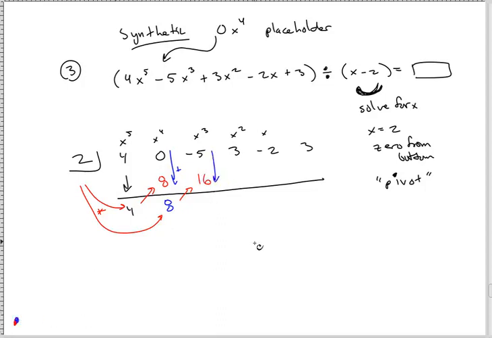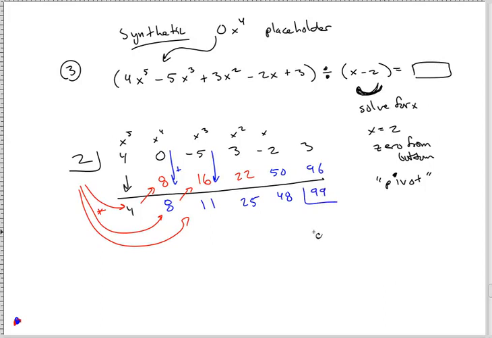Negative 5 plus 16 is 11. 2 times the 11 is 22. And 22 plus the 3 is 25. 2 times 25 is 50. 50 minus the 2 is 48. 2 times the 48 is 96. Plus the 3 is 99.